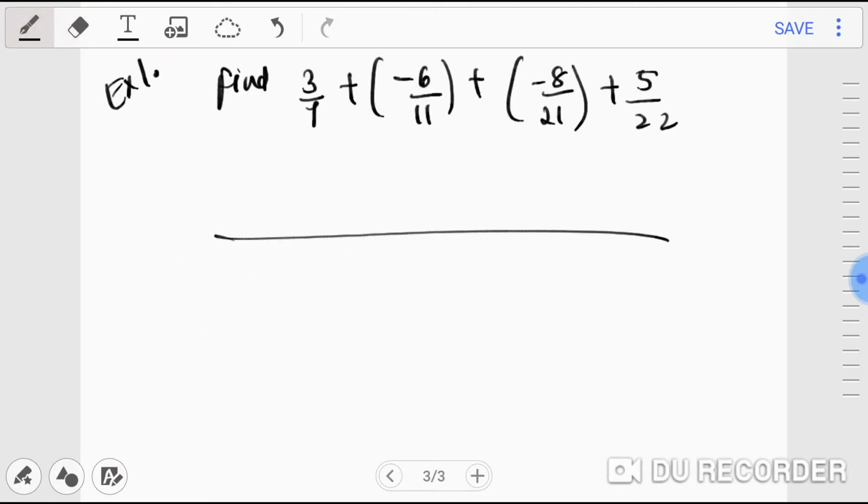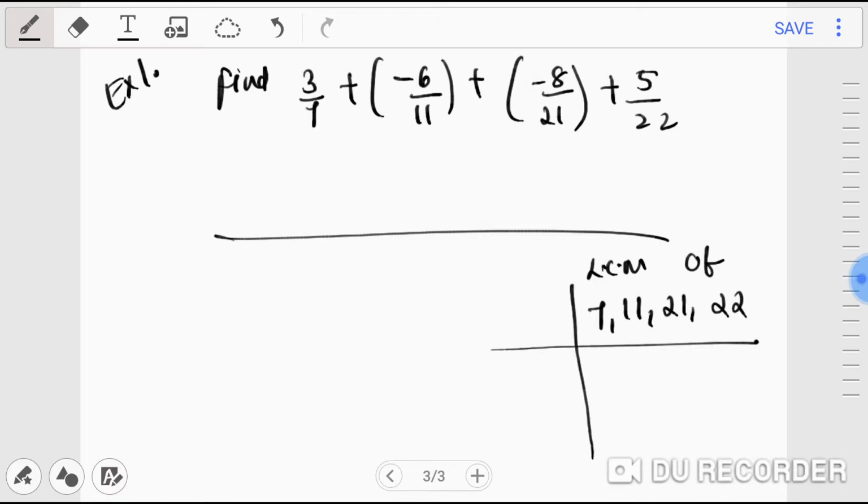You have different fractions with all different denominators, so you have to take the LCM of the denominators, that is 7, 11, 21 and 22. You will notice that the LCM is 462. Once you have the LCM as 462, you have to convert the fraction 3 upon 7.